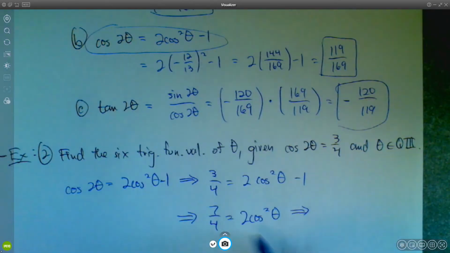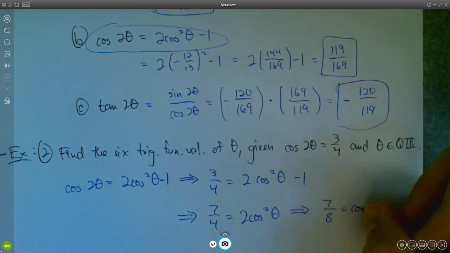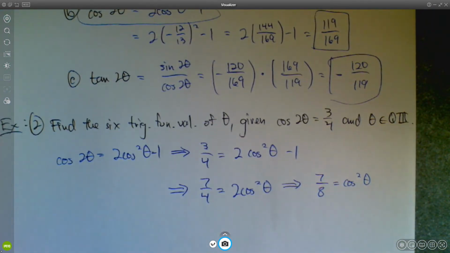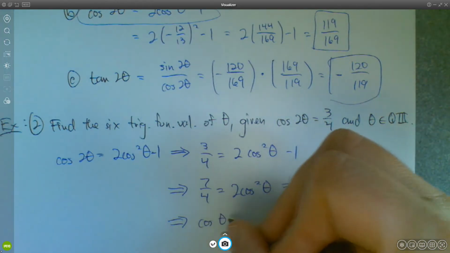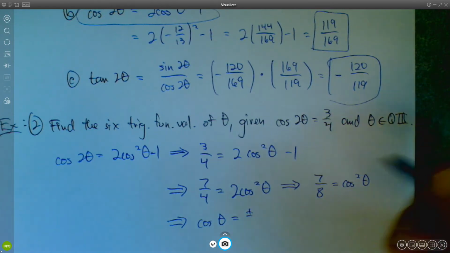And then if I divide by 2, you get 7/8 equals cosine squared theta. And then if I take the square root, cosine theta is plus or minus square root of 7/8.